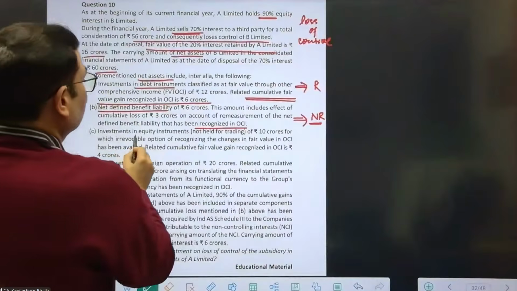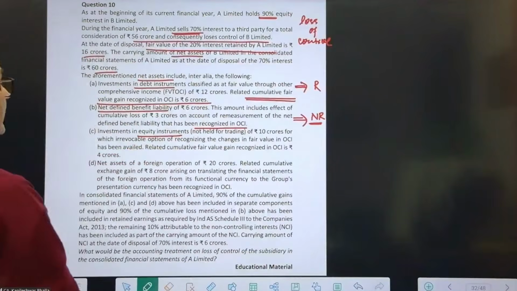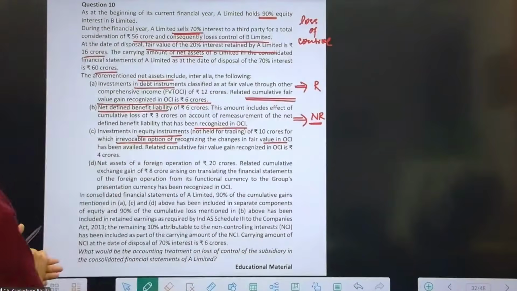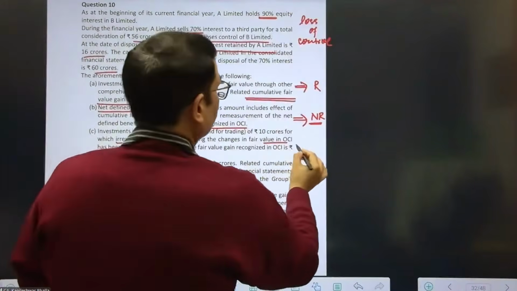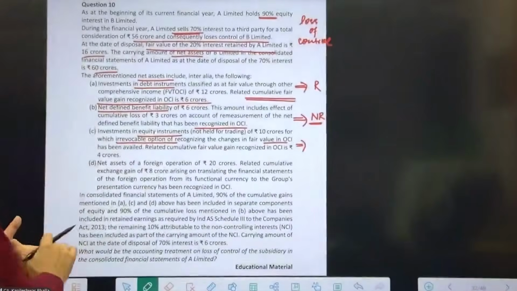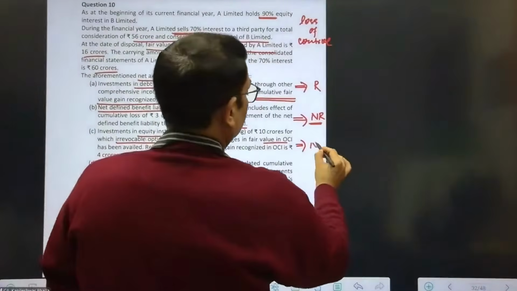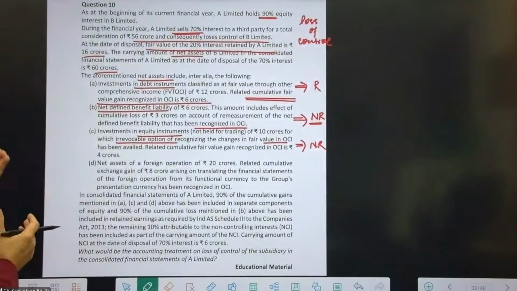It says investment in equity instruments not held for trading with an irrevocable option of taking the fair value changes in OCI. So is this R or NR? Equity investments, equity OCI. No, equity is never R. Debt is R, equity is NR.